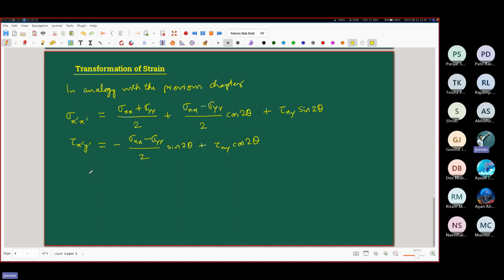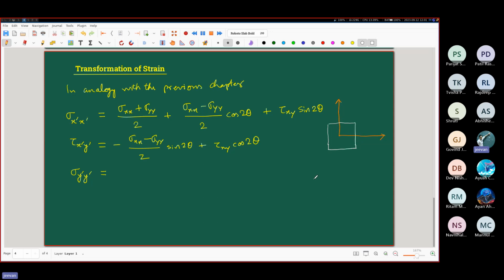But before that, tell me one thing, what is the sigma y dash? In the physical classes, I did not discuss this directly. We are talking about a situation where you have your x-axis in this fashion, your y-axis in this fashion. You have a stress element here, so that on this vertical edge you have sigma xx, on this horizontal edge you have sigma yy, and then you also have tau xy and tau yx.